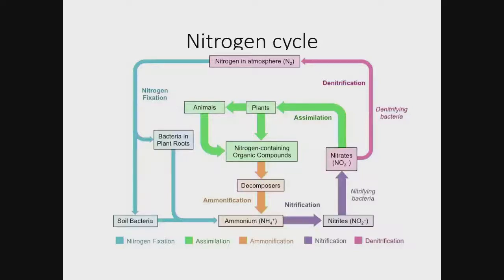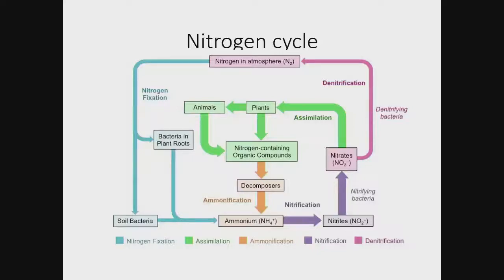Now, we have ammonia in the soil, which is coming from a dead plant. We also have some of the legume plants and other plants in that environment. They absorb nitrate from the soil and they are growing.